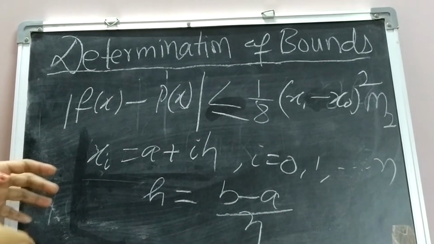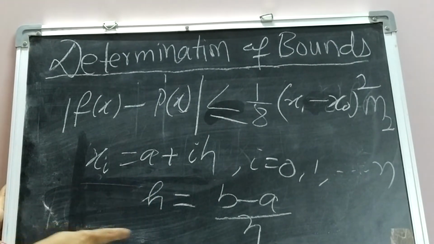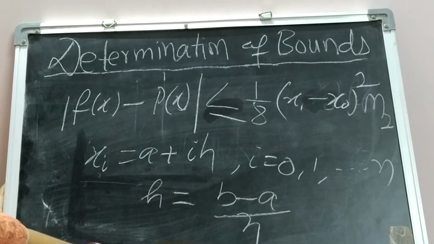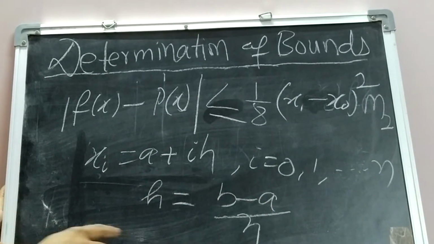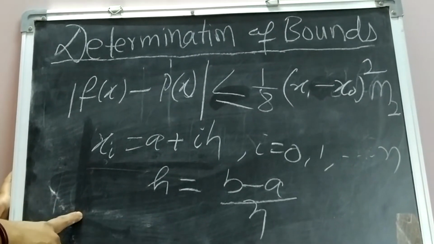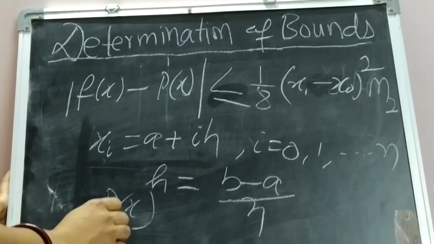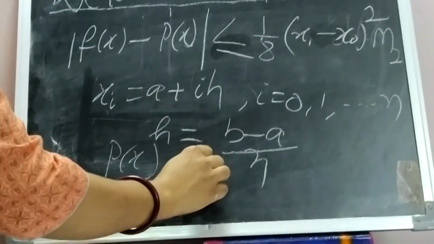So in our case, h is equal to (b minus a) by n, so that the maximum absolute truncation error using linear interpolation p(x) is less than the given tolerance.